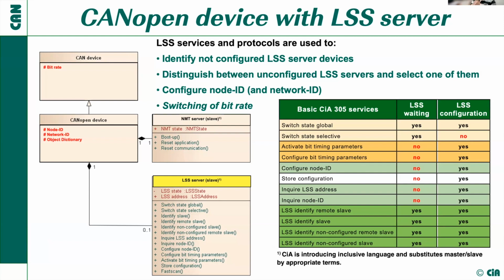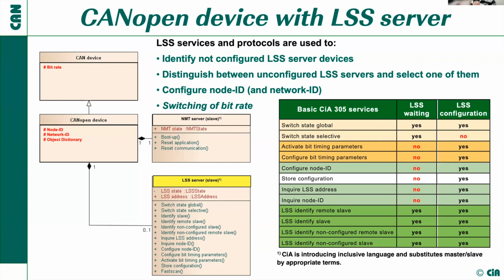Let's call this host controller now LSS manager. And this LSS manager should have the possibility to distinguish between all unconfigured LSS servers in the system. So it's not a rule that there's just one, there may be several attached at the very same time.